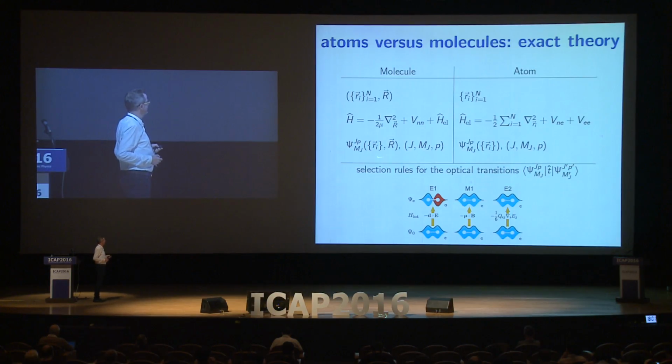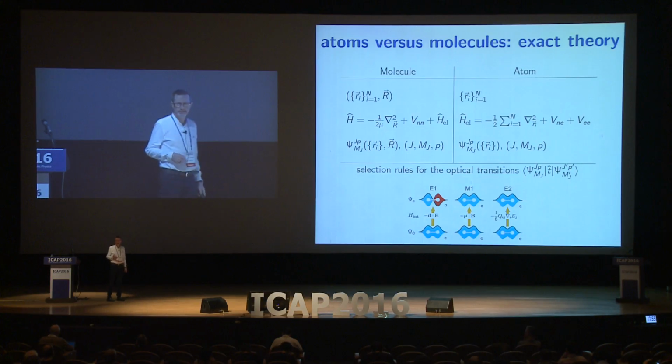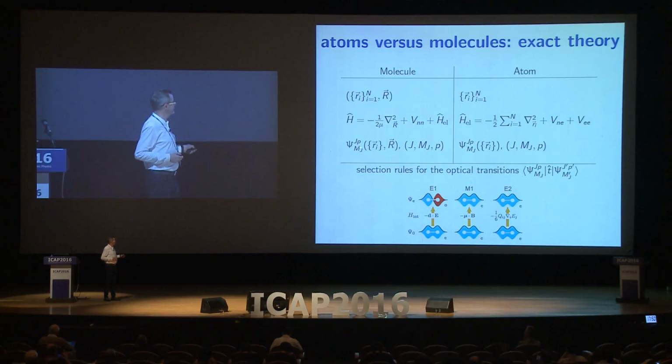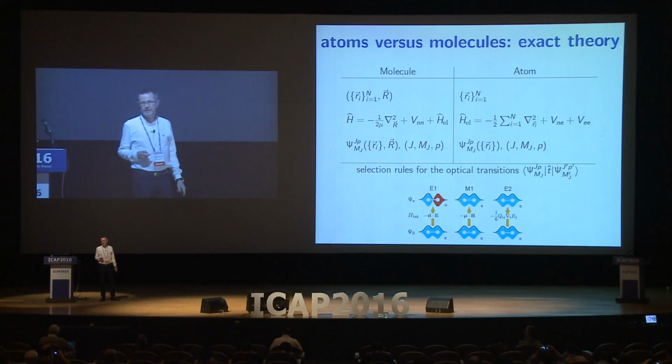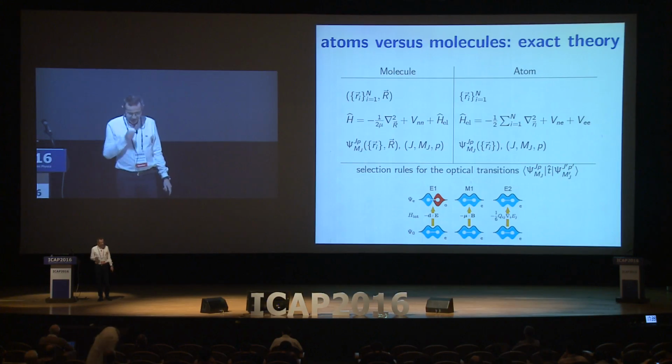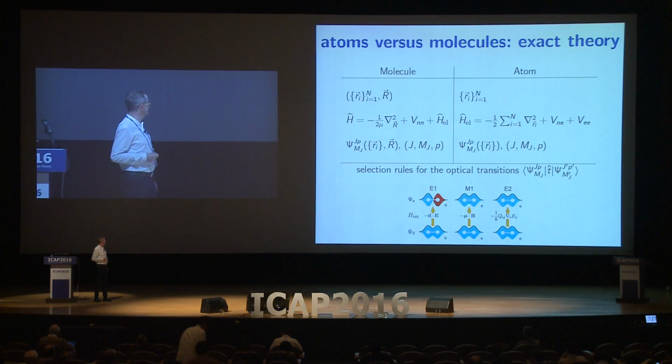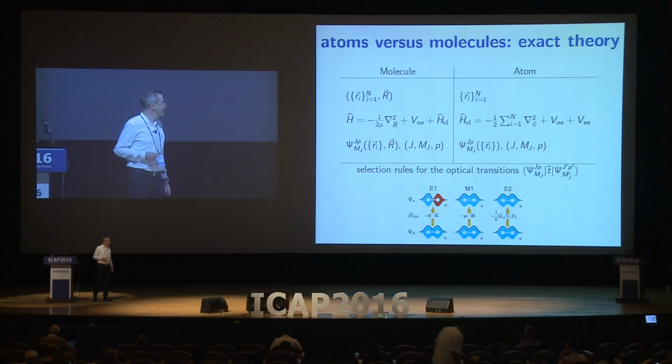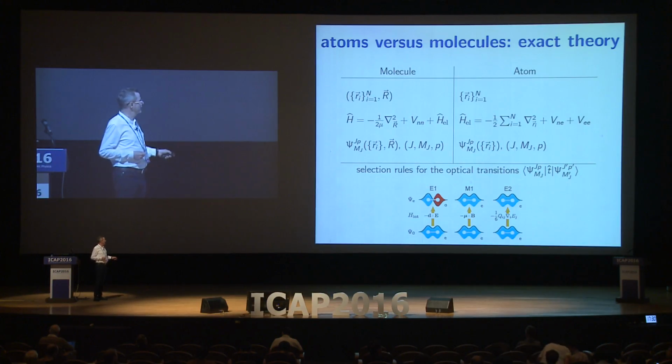Both the atom and the molecule are described by three quantum numbers: the total angular momentum J, its projection on the Z space-fixed axis, and the parity P with respect to the inversion.